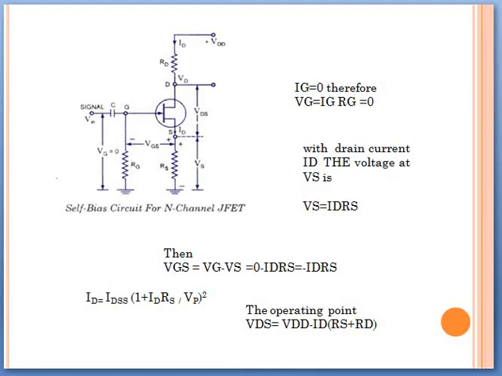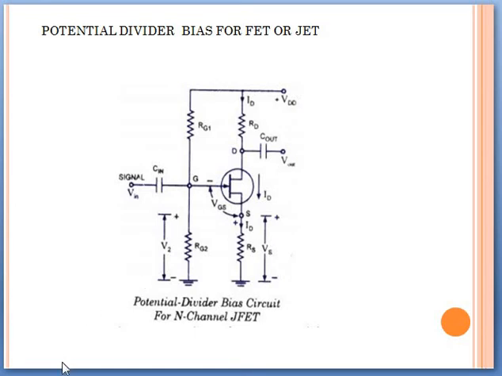By increasing the voltage drop across RS, the gate source voltage VGS becomes negative, and thus the increase in ID is reduced, thus creating the stabilization.